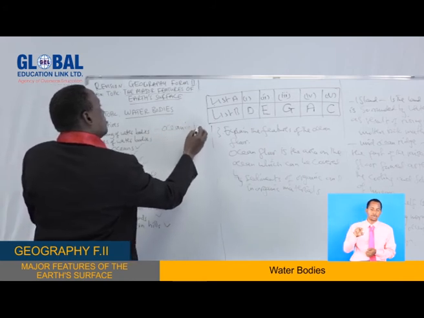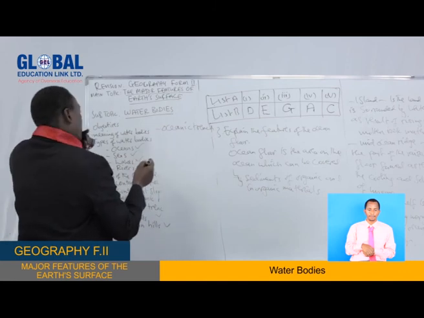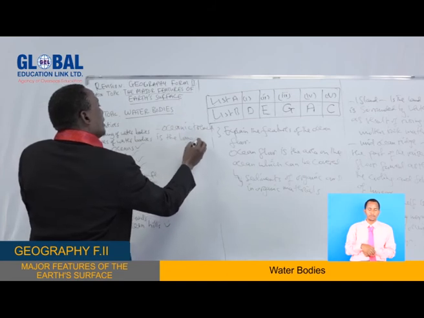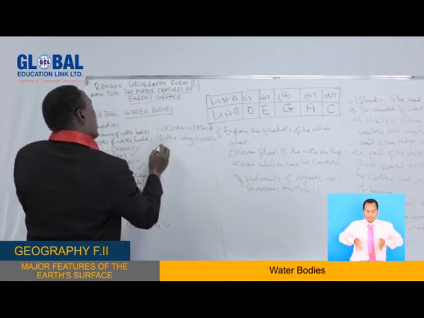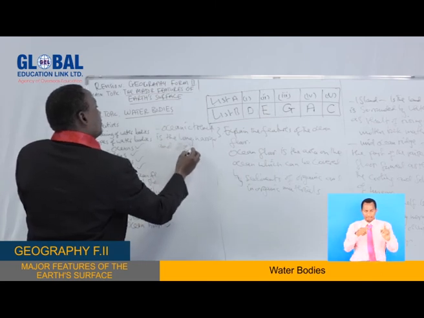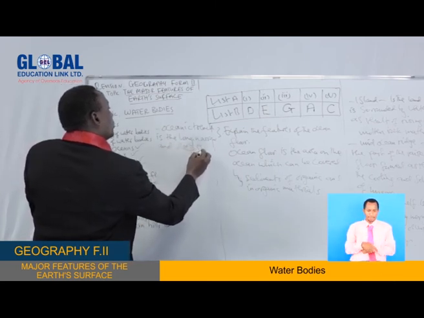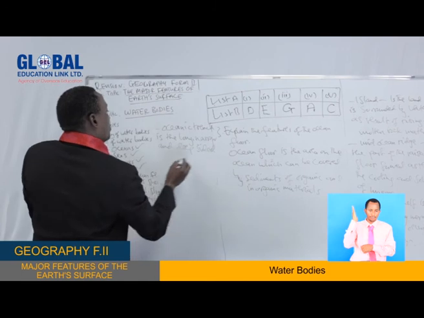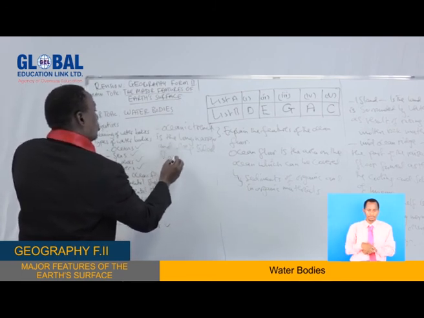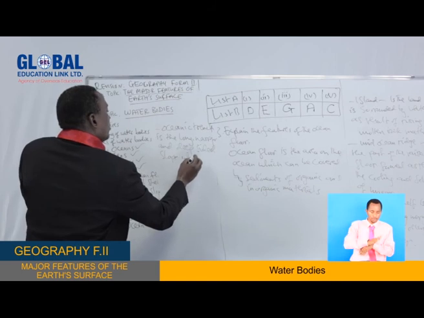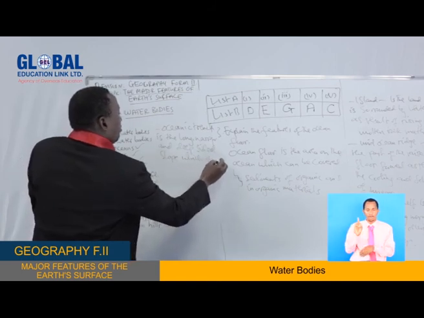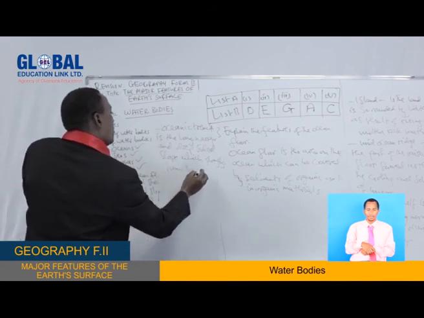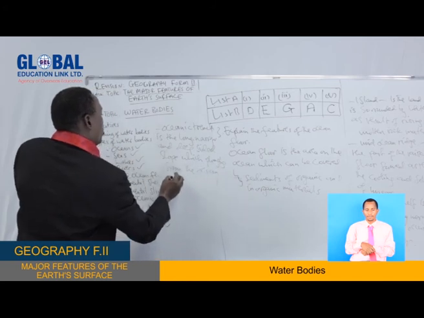Oceanic Trench, we said, is a long, narrow, and deep-sided slope branching from the ocean plain.